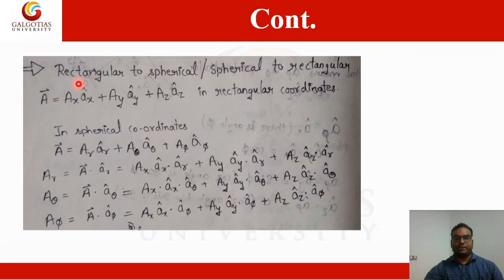So here we are dealing with rectangular to spherical and then spherical to rectangular vector conversion. As previously, our vector A is ax in the direction of x plus ay in the direction of y plus az in the direction of z in rectangular coordinates. Then our spherical coordinates are r, theta, phi, and for Ar, A theta and A phi we are doing nothing but the dot product of A with the unit vector in the direction of r, the unit vector in the direction of theta, then the unit vector in the direction of phi. You can see here I am writing down.